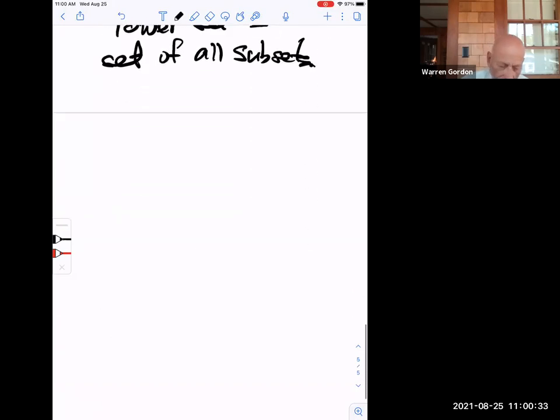Okay. So now that we have the notion of a set, we have the notion of containment, we want to develop an algebra of sets. So let me backtrack. We have the notion of the empty set.